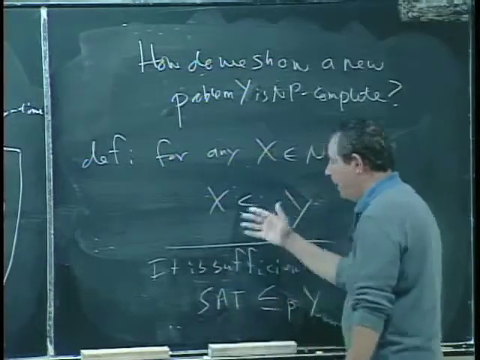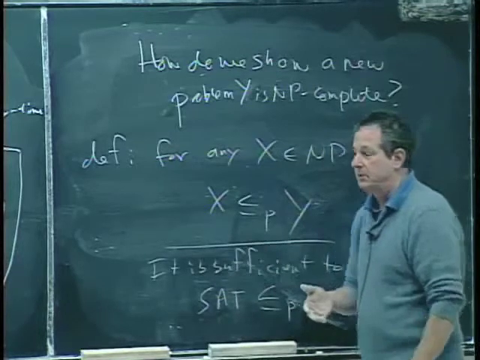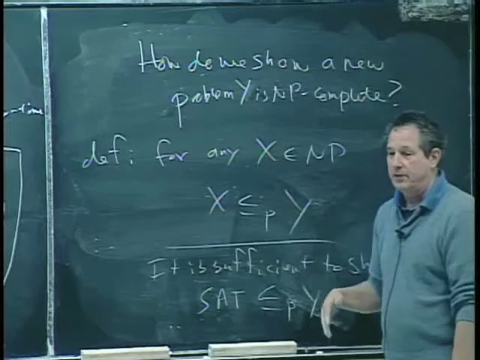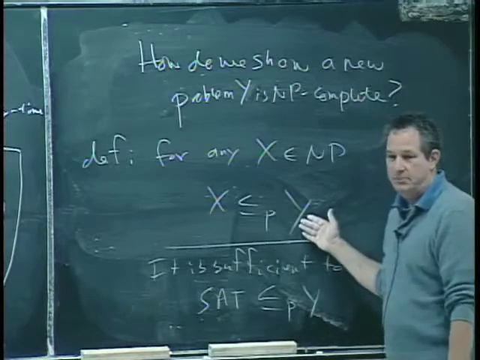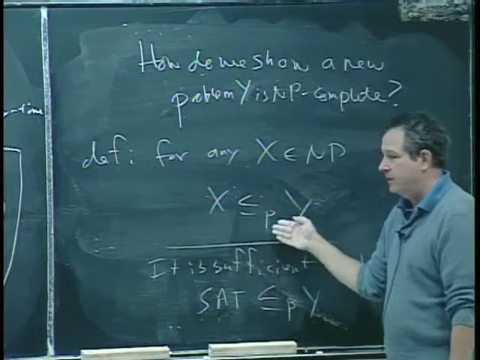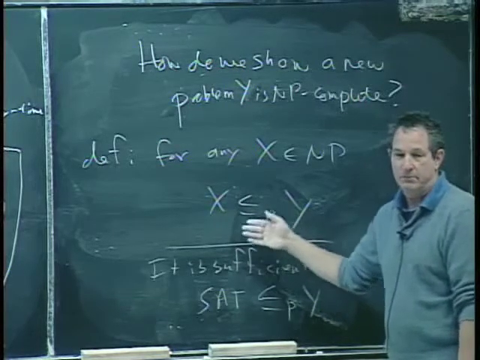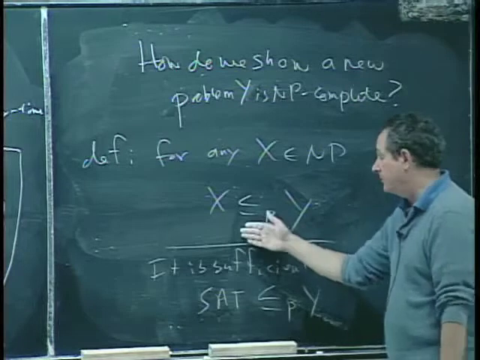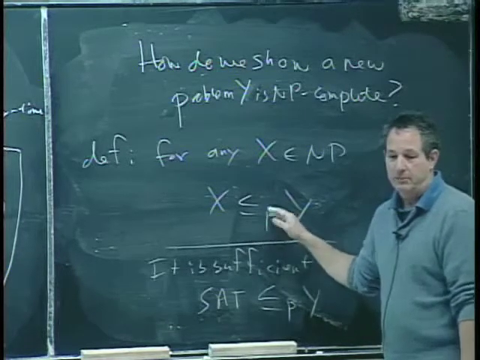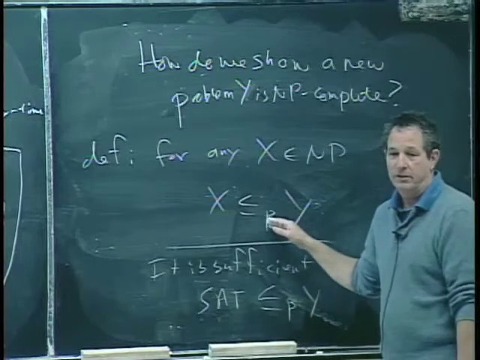And once you have a nice library of them, when you want to prove a new one is NP-complete, you look through the library to find something that seems similar to Y, and that means that you'll probably be able to come up with a nice reduction. The reduction mechanism won't be that difficult, although sometimes these are very clever. The details of doing the polynomial time reduction can be very clever.